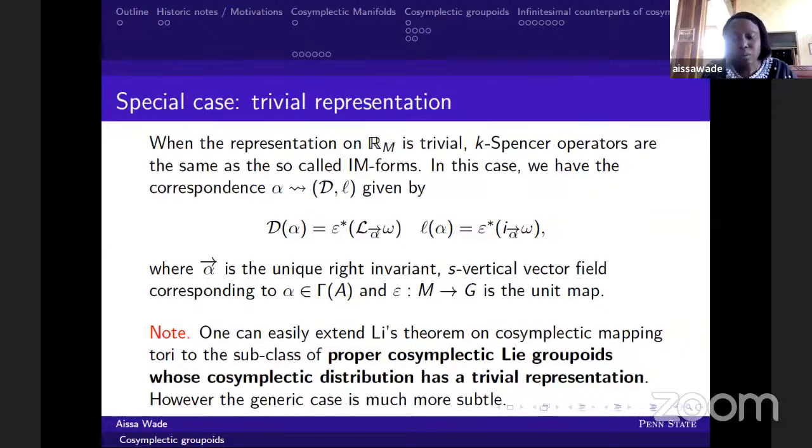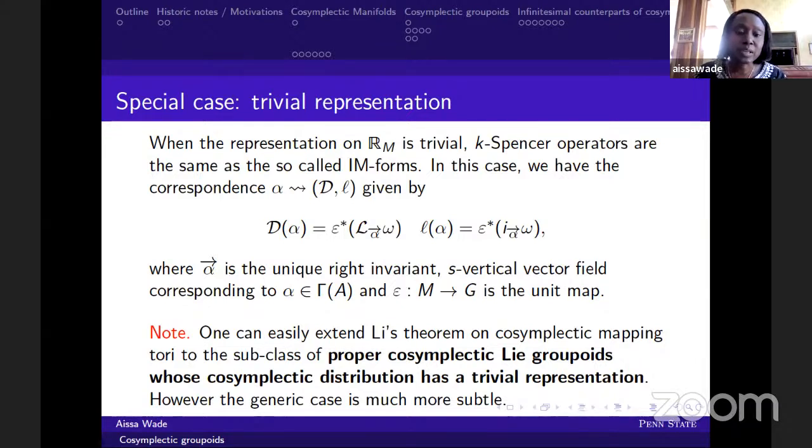Now, our original goal was to extend or generalize Lie's theorem in this setting. It can be done. Of course, I won't have time to explain how. I say it can be done in the easy way, but it's not that easy. You have to work out some details here.